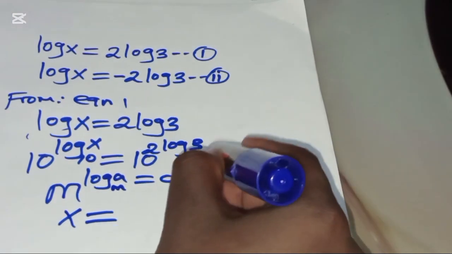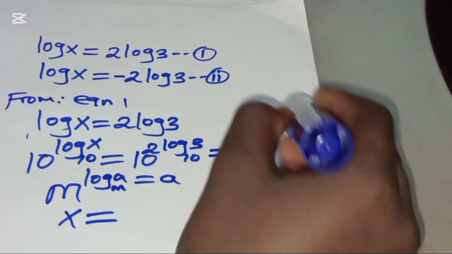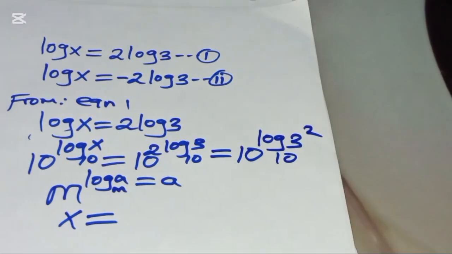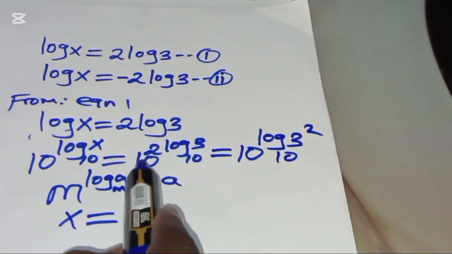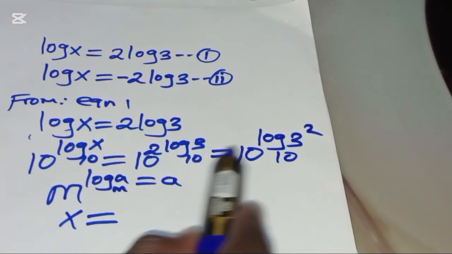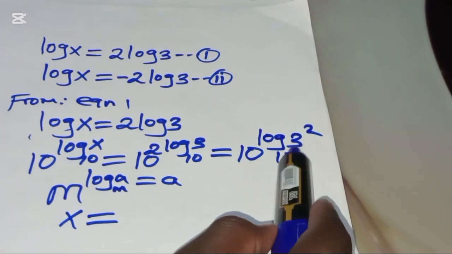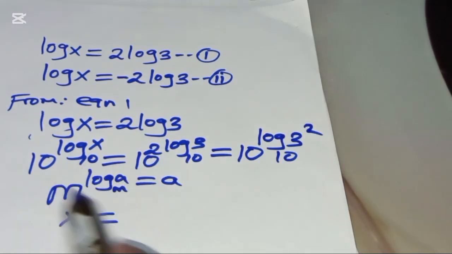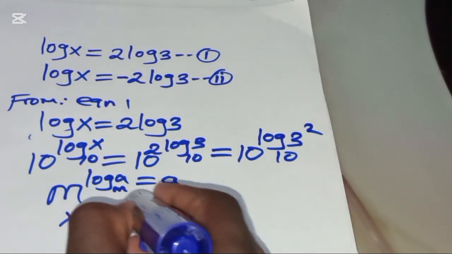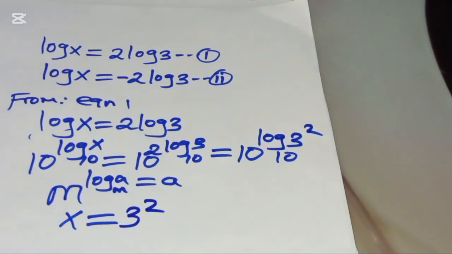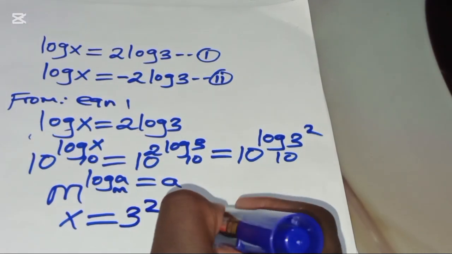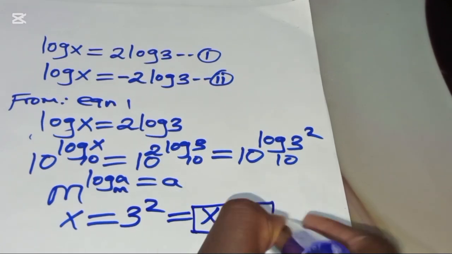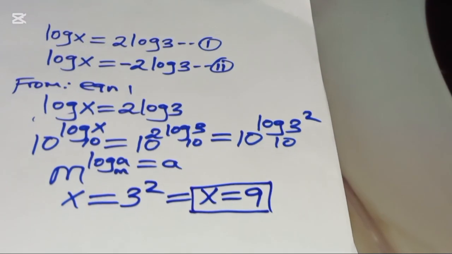This is the same thing as 10 to power log 3 squared to base 10. Applying this property, this is essentially equal to 3 squared. And that means that the value of x is equal to 9. That is the first value of x.